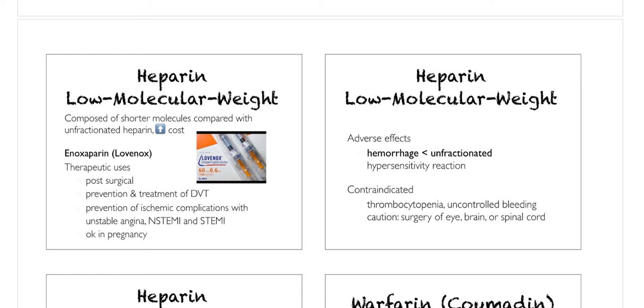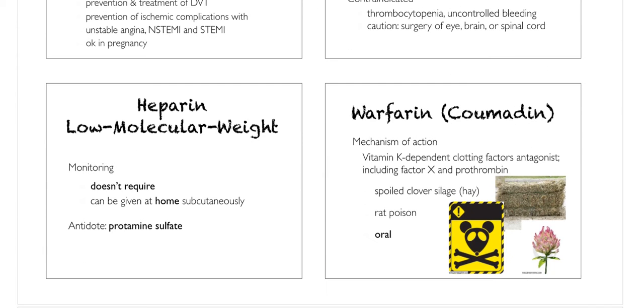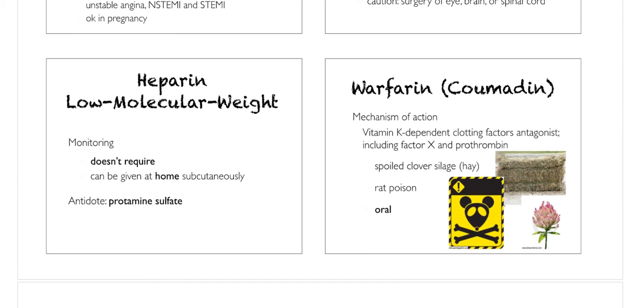Just like unfractionated heparin, if they have low platelet counts, thrombocytopenia, or uncontrolled bleeding, or surgery of the eye, brain, or spinal cord, they're either going to be contraindicated or they're going to have very strong cautions used to ensure that no damage occurs from giving this medication. Unlike unfractionated heparin, we do not require monitoring of Lovenox, which means we are able to give this at home subcutaneously.